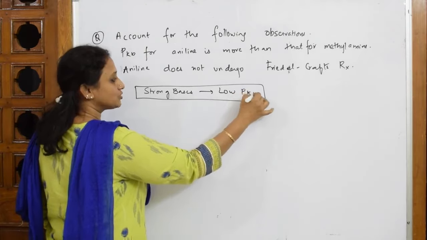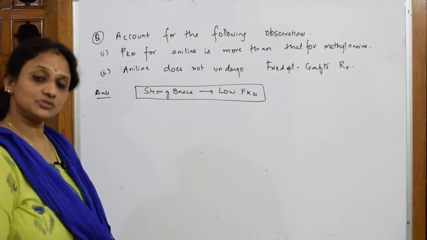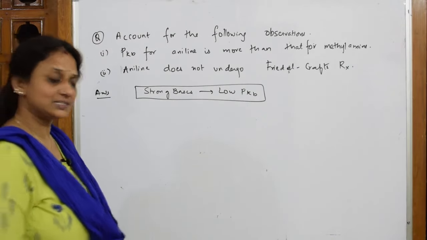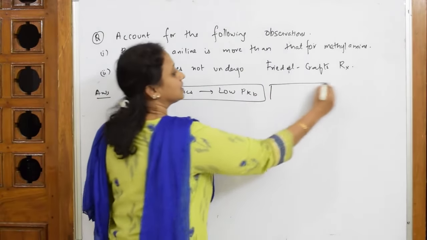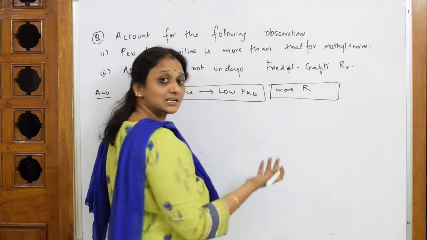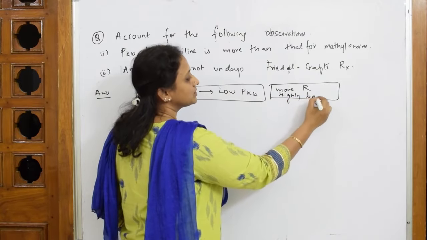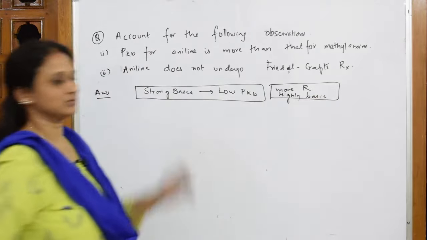You should always have this in your mind. If the pKb value is not given to you, how will you analyze that? More alkyl groups, where R is an alkyl group, are highly basic. You should remember this. Then only I can explain that concept.